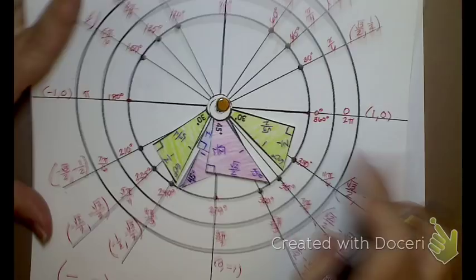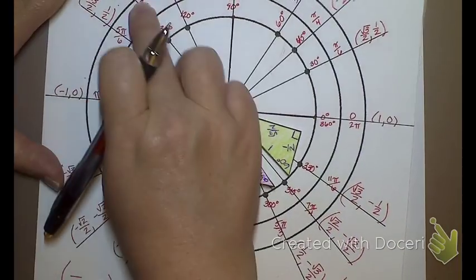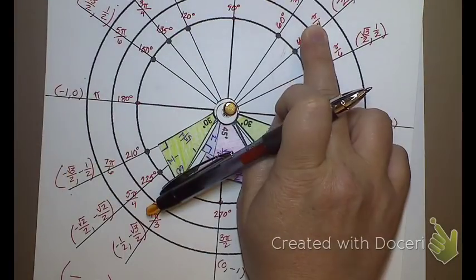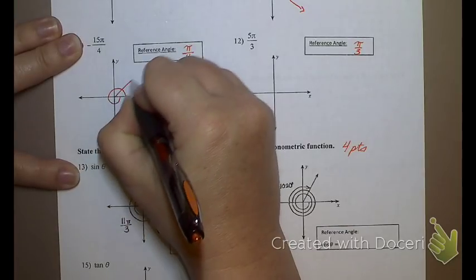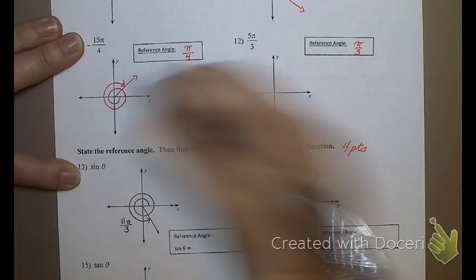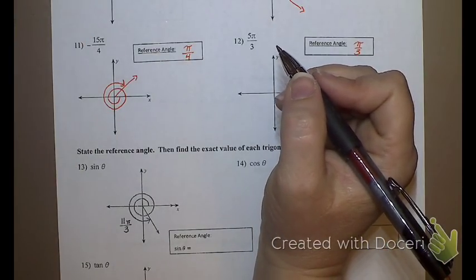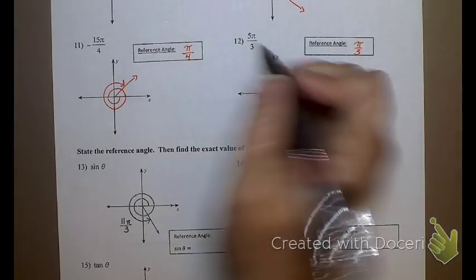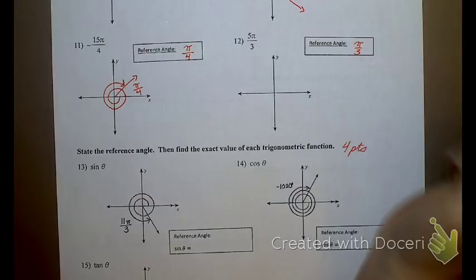That was 8, 9, 10, 11, 12, 13, 14, 15. I'm ending up in the first quadrant. So I'm going to end up there, but I have to keep going around until I get there. There we go. That's what my arrow looks like. Since I've already identified the pi over 4, just label your reference angle and you're good. You're done.